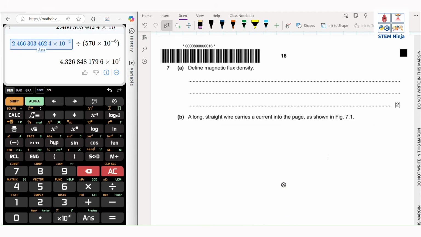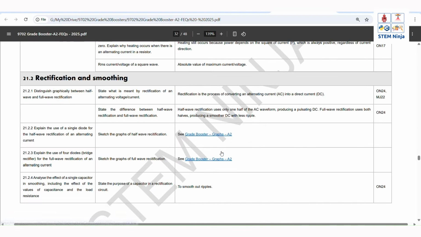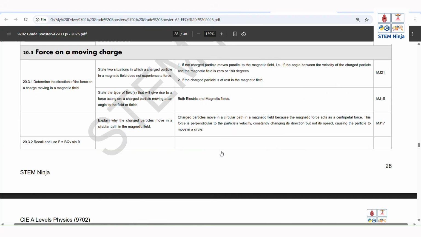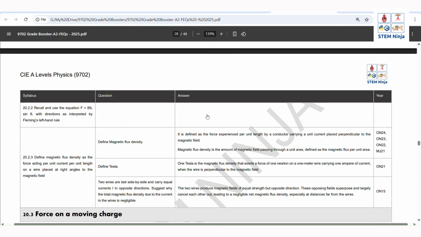Define magnetic flux density. Magnetic flux density comes from force over current per unit length placed perpendicular in the magnetic field. Just to show you the definition over here: force experienced per unit length by a conductor carrying a unit current placed perpendicular to the magnetic field. That's exactly what we just have to write.